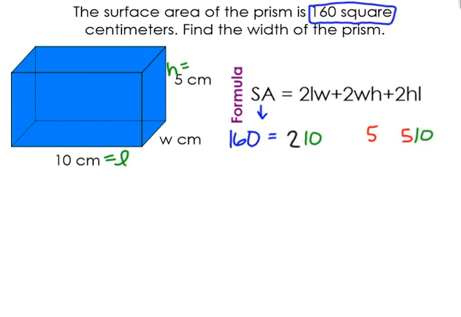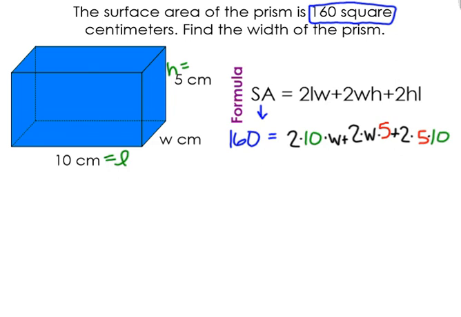So I had a 2 times 10 times W plus 2 times, actually ran out of room here, W times height plus 2 times 5 times 10. So again, just substituting the things that I know, bringing the things I don't know just straight down.